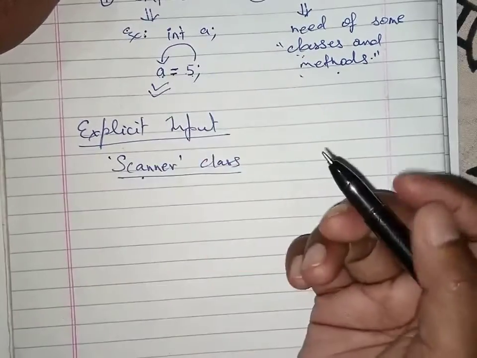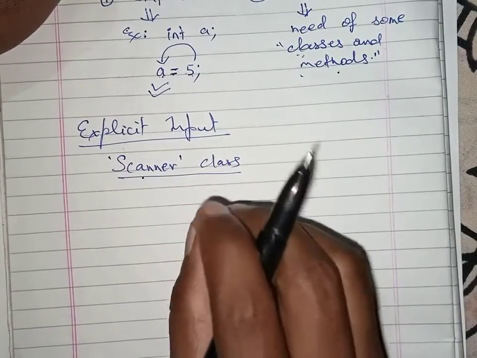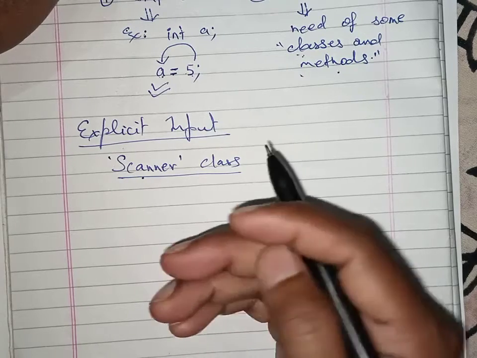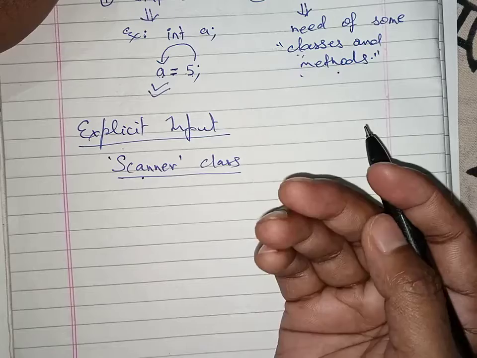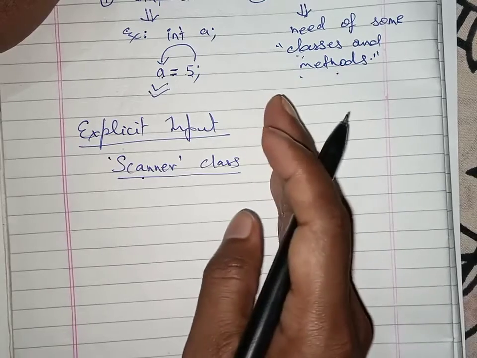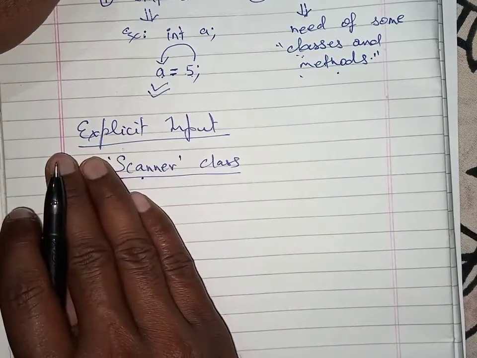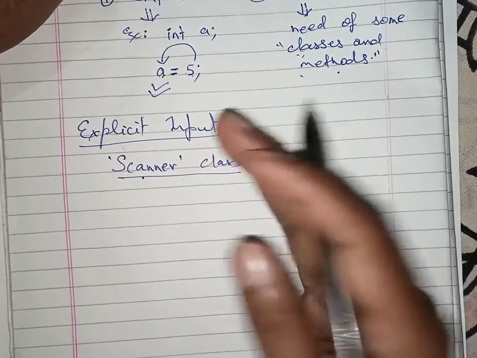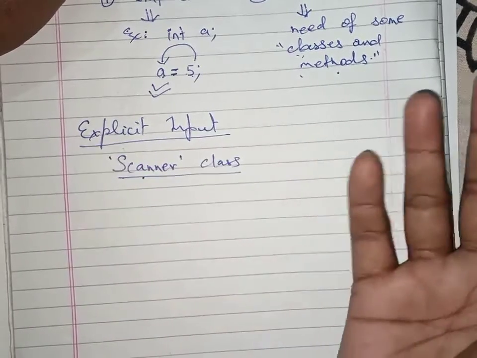If we want to input a number, there is one method for it, and if we want to perform string or character input, there will be another method.